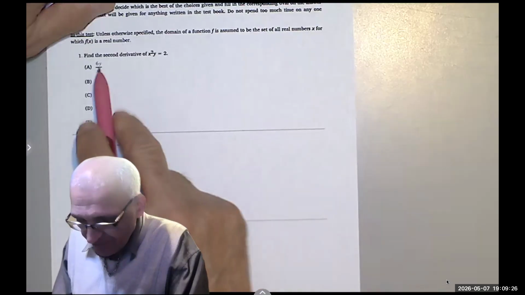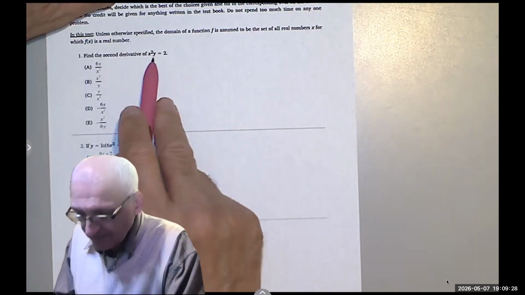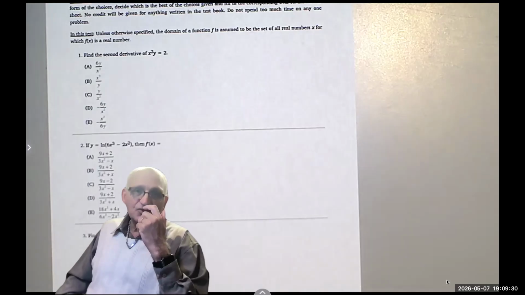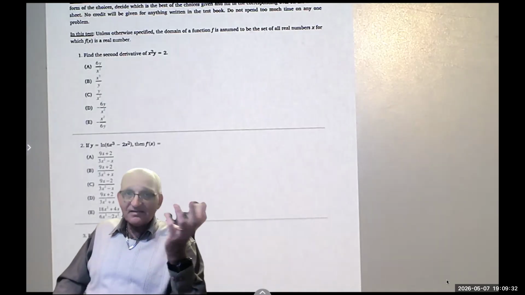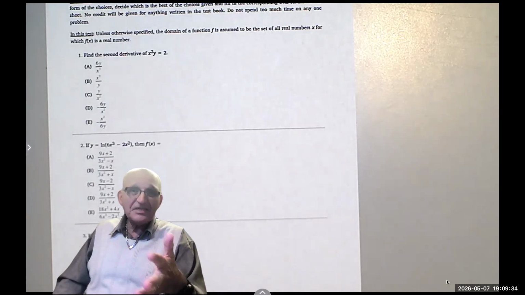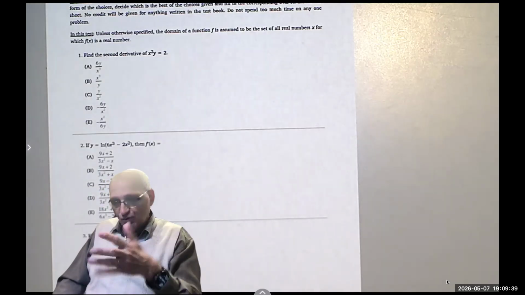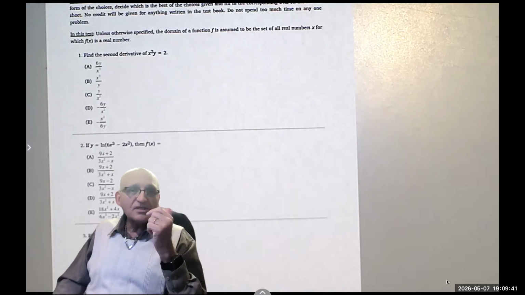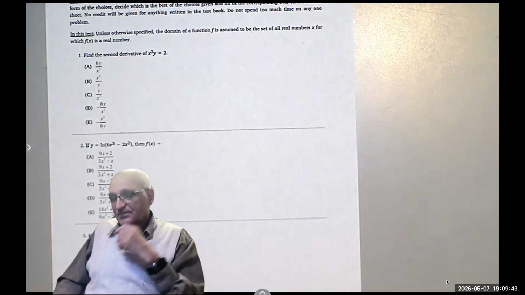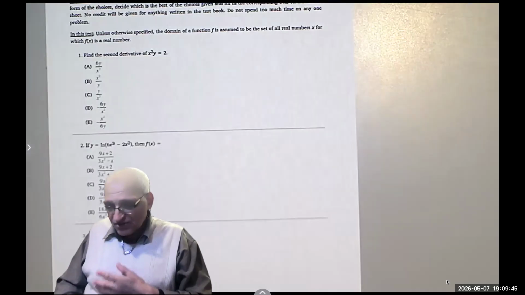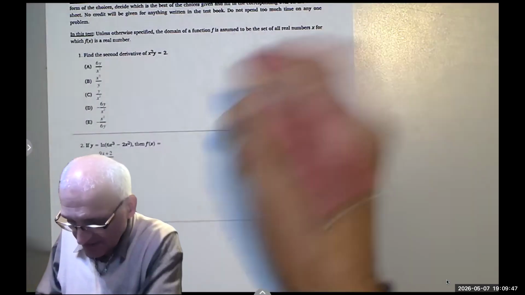Okay, so the first one says, find the second derivative of x squared y equals 2. In fact, there are two ways to do it, either to explicitly write y in terms of x, 2 over x squared, or simply use implicit differentiation, which I will use here since it's quick.